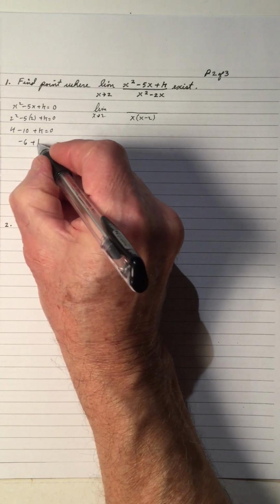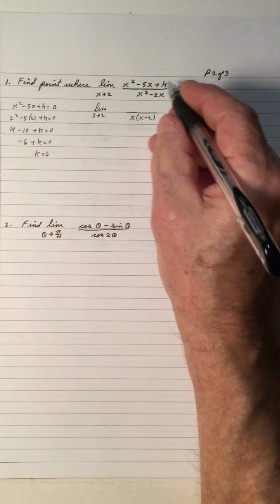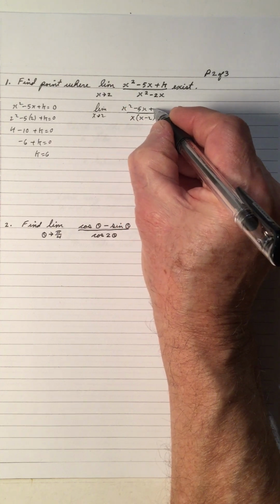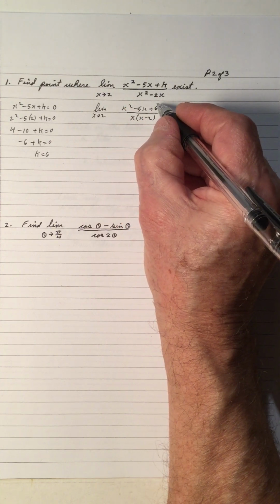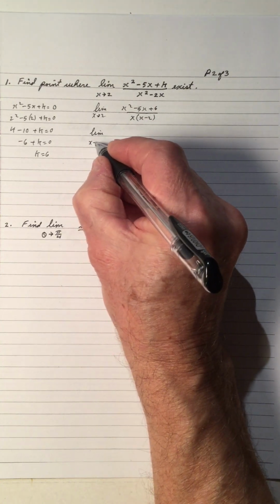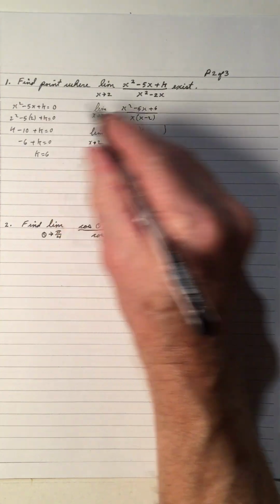Negative 6 plus k equals 0. k is 6. So that means I have x squared minus 5x plus 6.